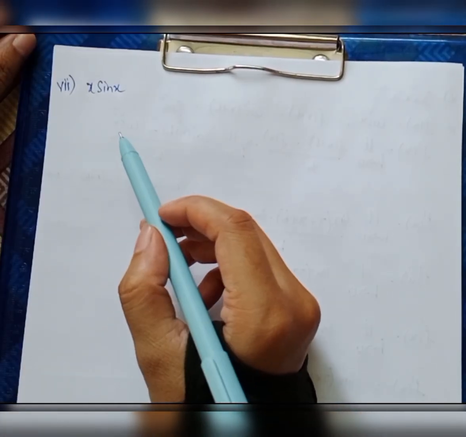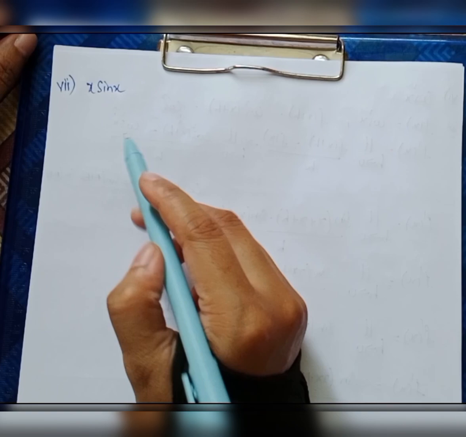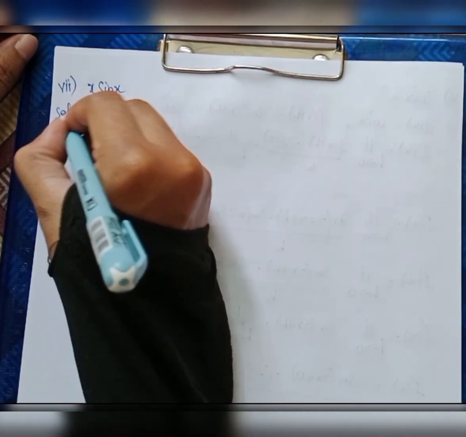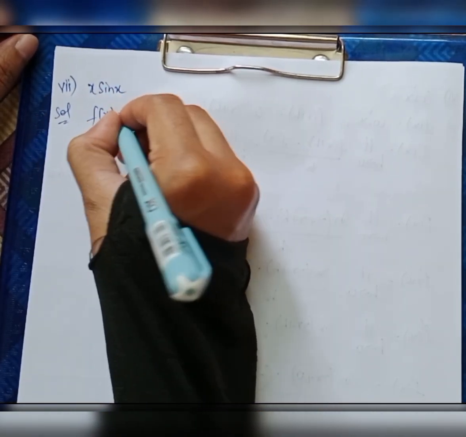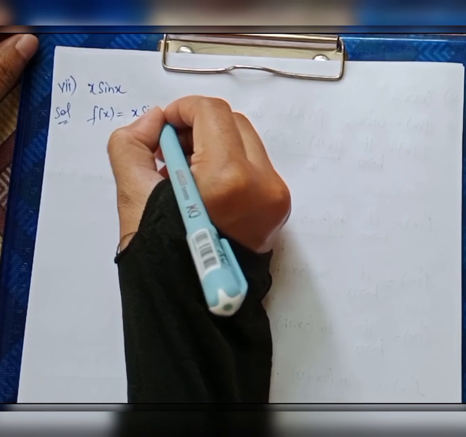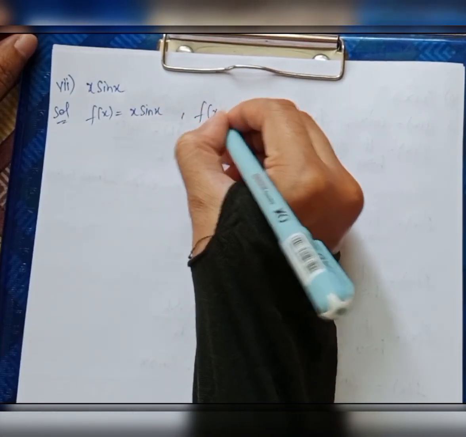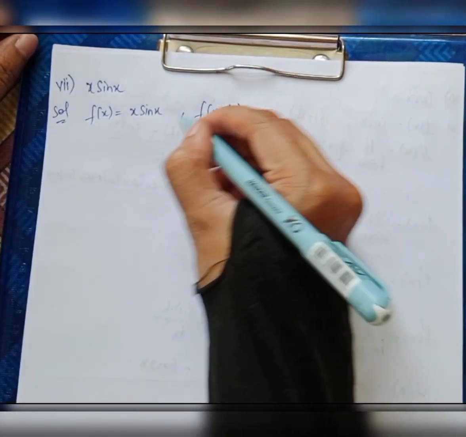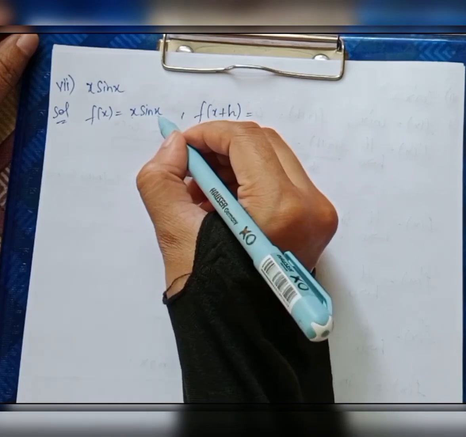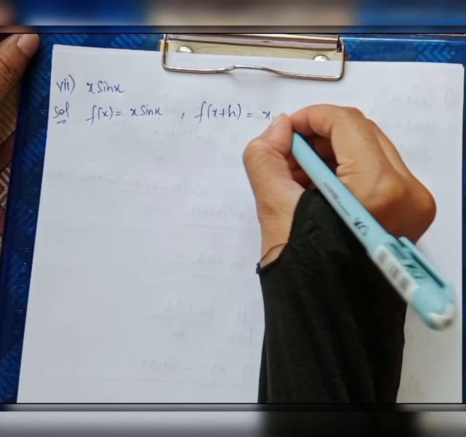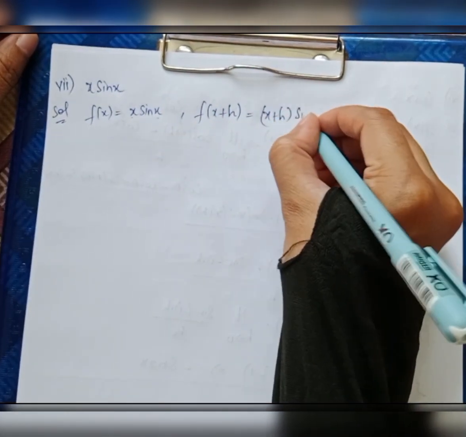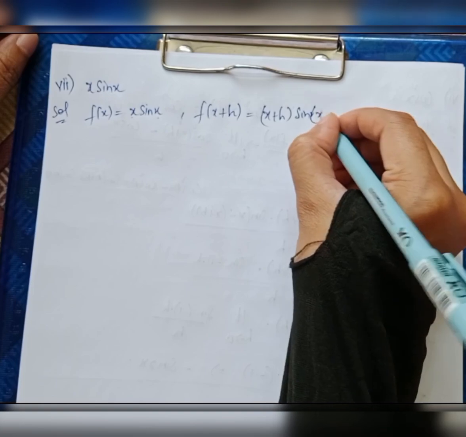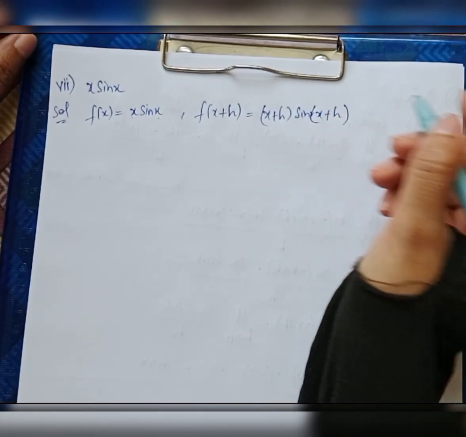So our next function is x sin x. Solution, f(x) equals x sin x, f(x + h) equals, in the place of x substitute x + h, so it is (x + h) into sin(x + h).